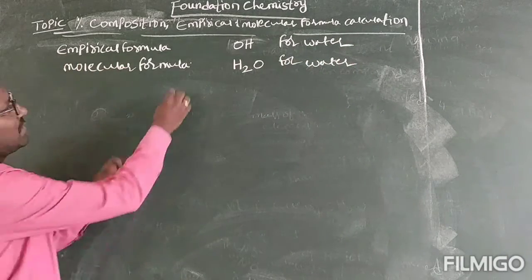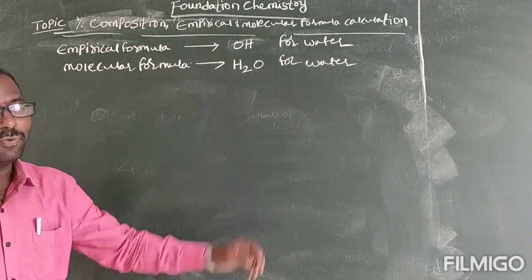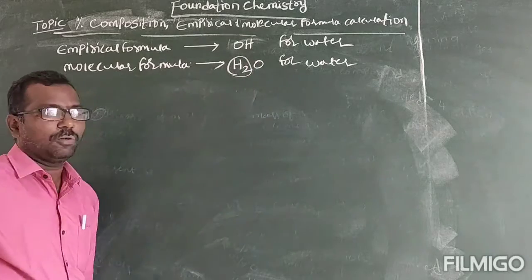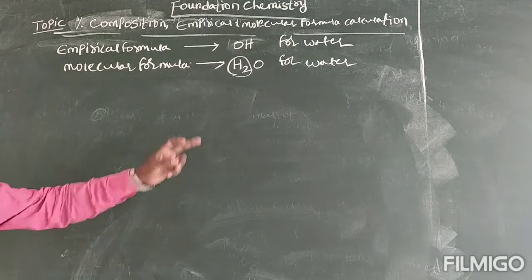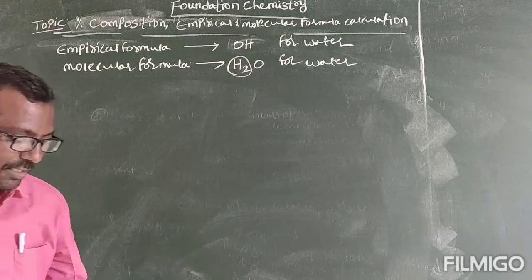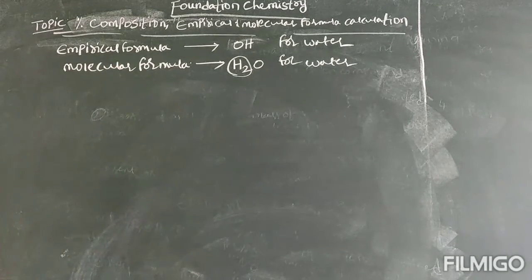What is the difference you see? The molecular formula gives the exact ratio: hydrogens are 2 and oxygen is only 1 atom. So that is the difference between empirical formula and molecular formula.